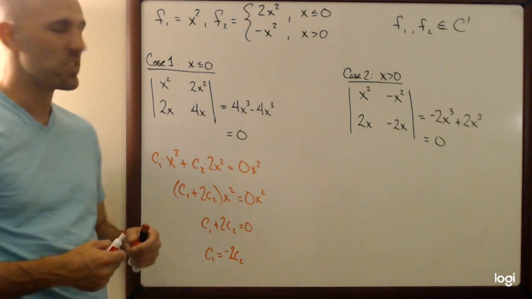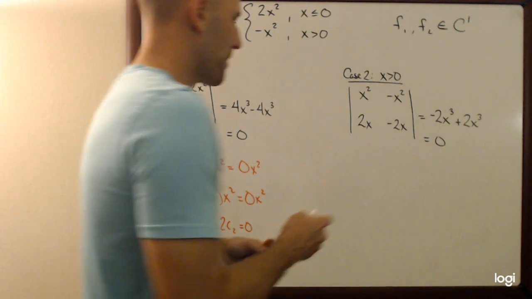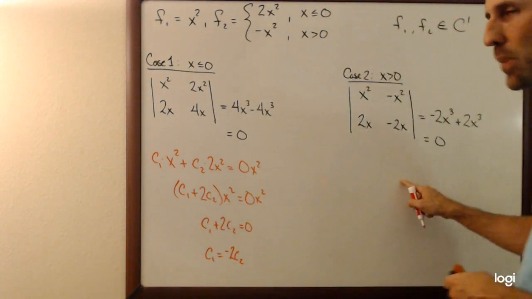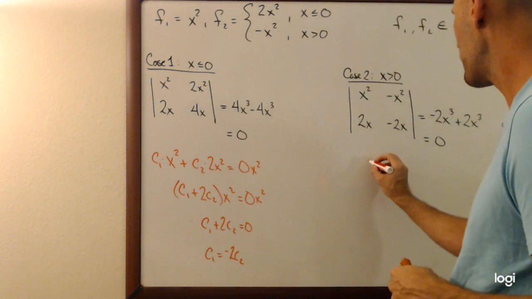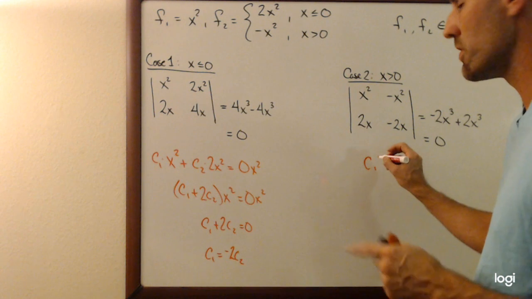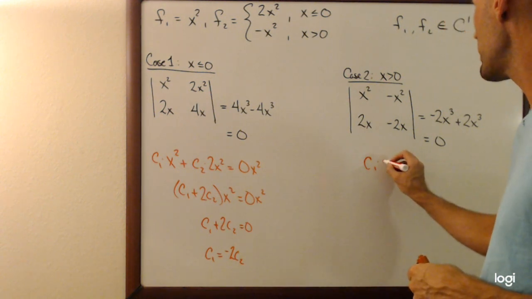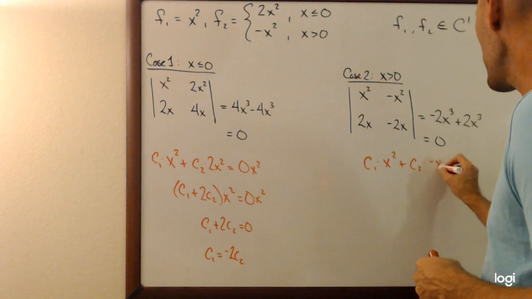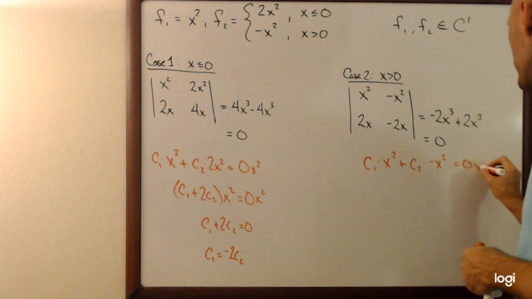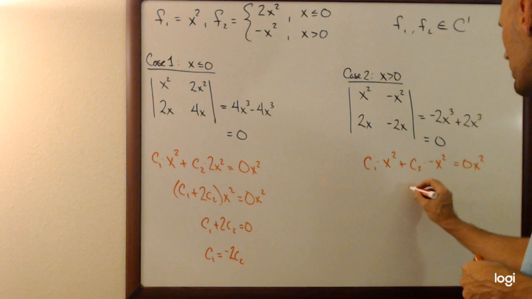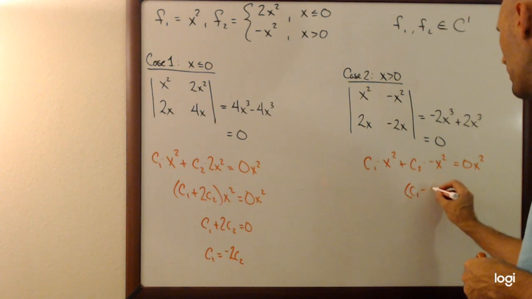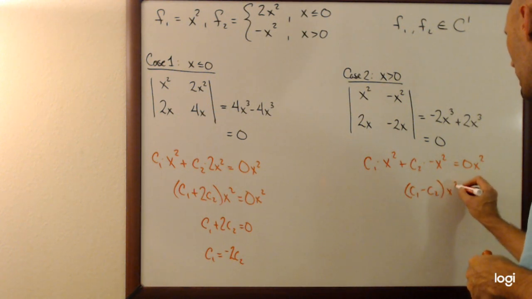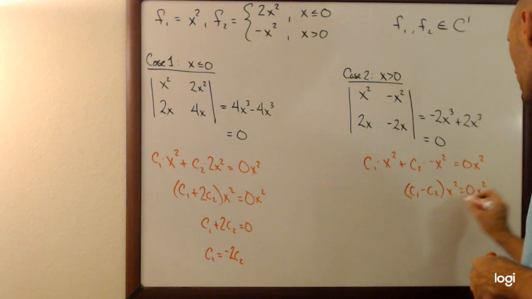So this is leaning towards dependence, isn't it? But let's do it over here as well. Applying the same rule, the basic definition for linear independence, we've got C1 times x squared plus C2 times negative x squared equal to 0x squared. Collecting all my coefficients, I've got C1 minus C2, x squared equals 0x squared.